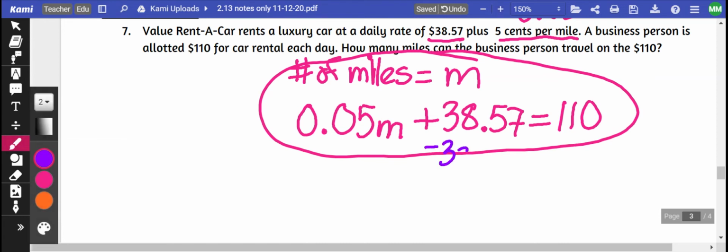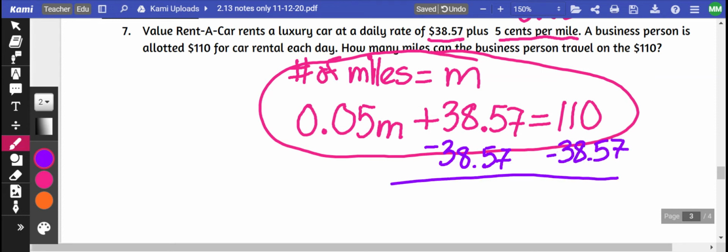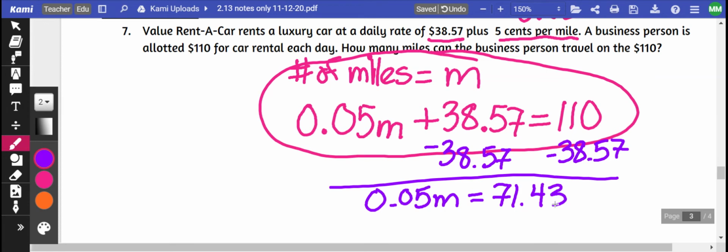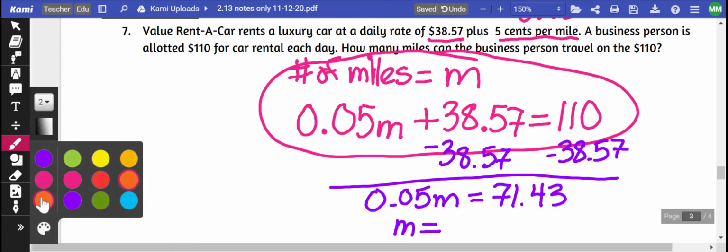So I'm going to subtract 38.57. So 110 minus 38.57, I get 71.43. And divide that by 0.05. So I didn't include that, sorry.